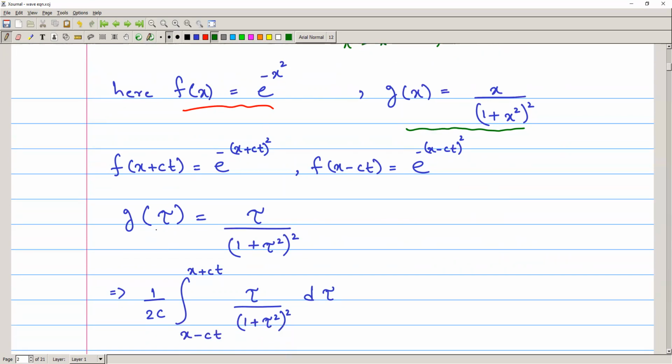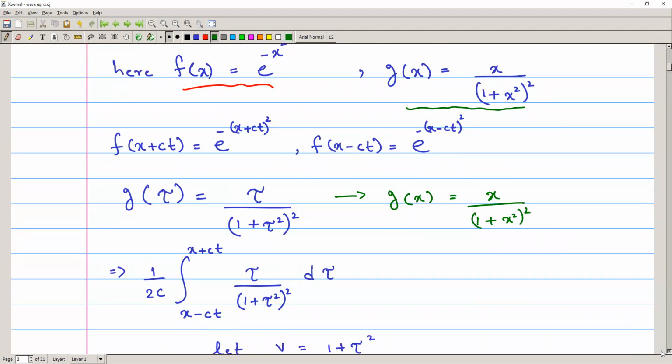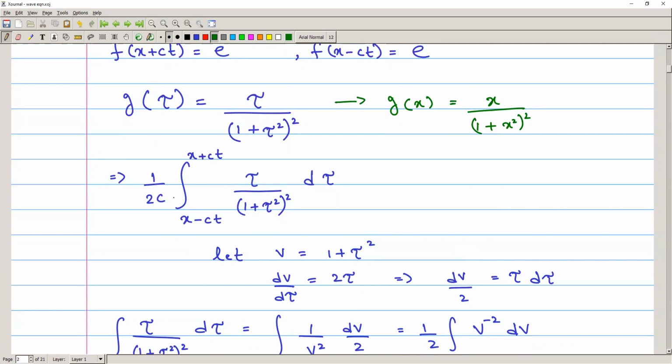And then g(τ) will be equal to τ/(1 + τ²)², because in the question g(x) is given as x/(1 + x²)². So now we'll integrate this function from x − ct to x + ct, τ/(1 + τ²)² dτ.